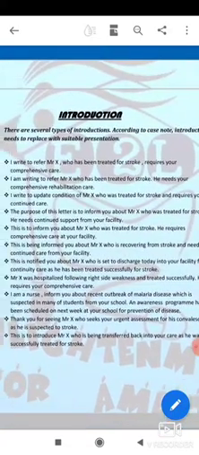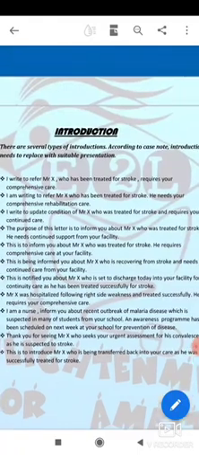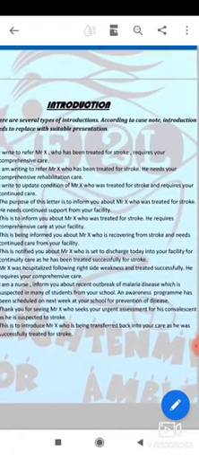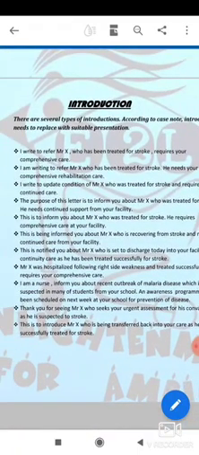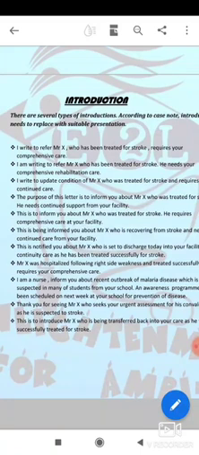Now we are going to discuss the last type of introduction, that is: thank you for seeing Mr. X, who seeks your urgent assessment for his convulsion as he is suspected to have stroke. Thank you for seeing is one of the most liked and lovable introductions. This kind of introduction you can write when you are writing a letter to an emergency person, like an emergency neurologist, or for any emergency assessment.